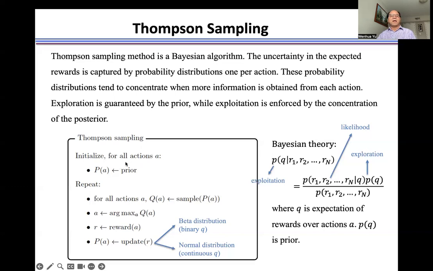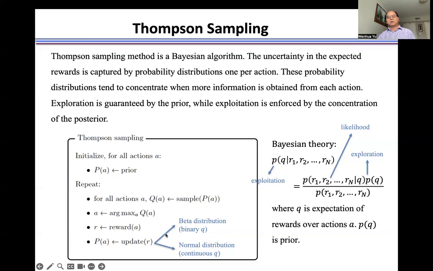So Thompson sampling has these steps. First, we suppose a prior, and then we take all the actions, receive the reward, get this probability, and then define this expected reward. From the reward, we find the optimal action, and then we find the reward. Then we use this reward to update the probability distribution.